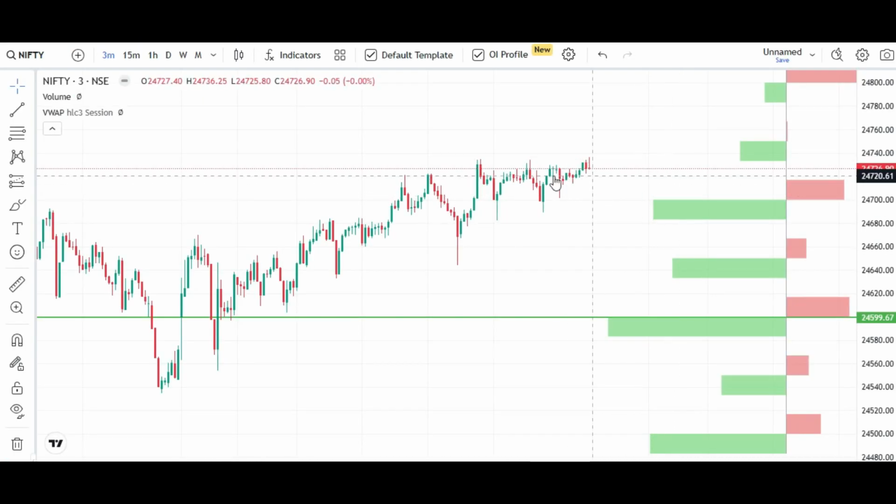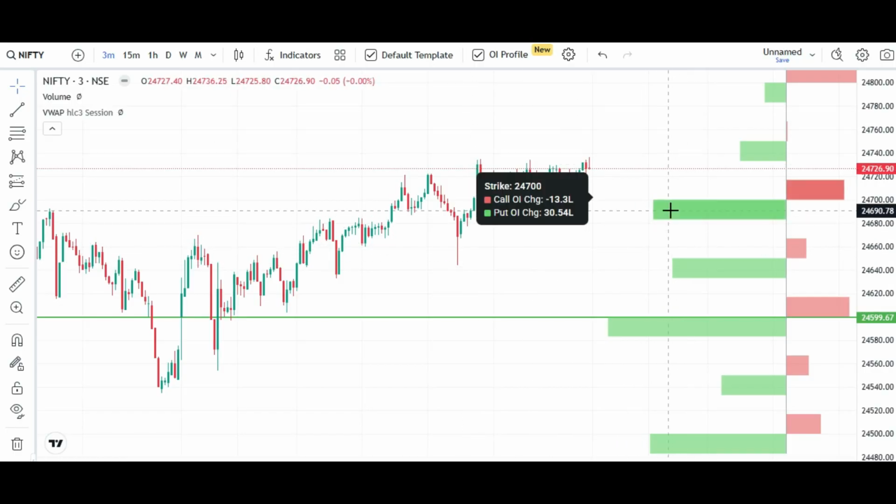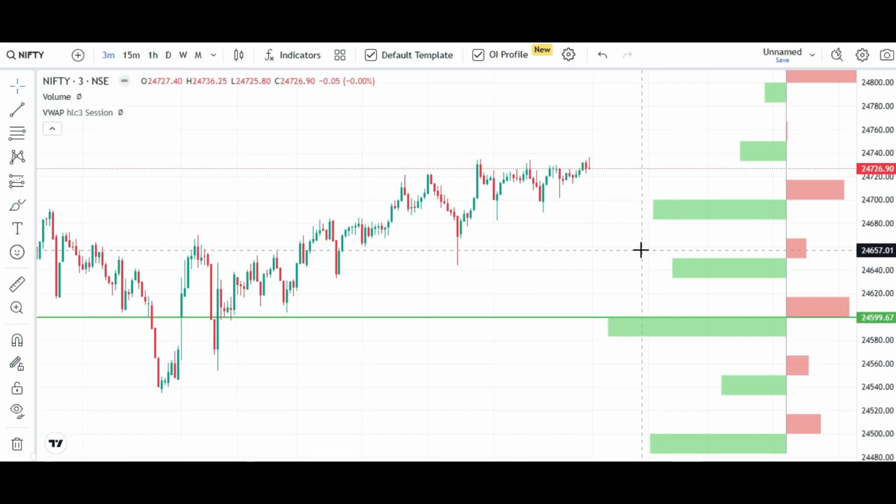So the neutral is also clear, gap up is also clear, and what if it opens gap down, anything close to 24,657 or anything around these levels? I would request you all to just buy some calls or short some puts.